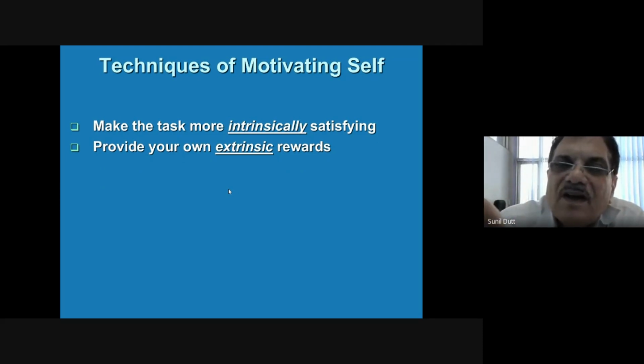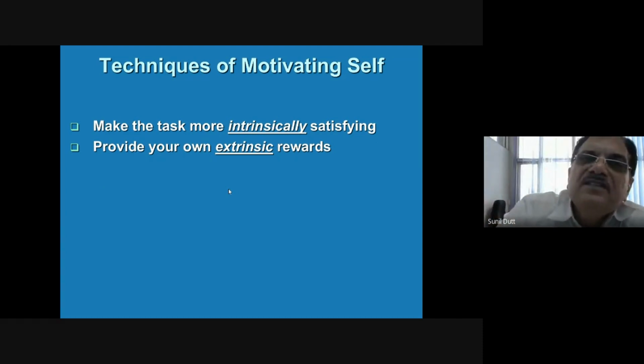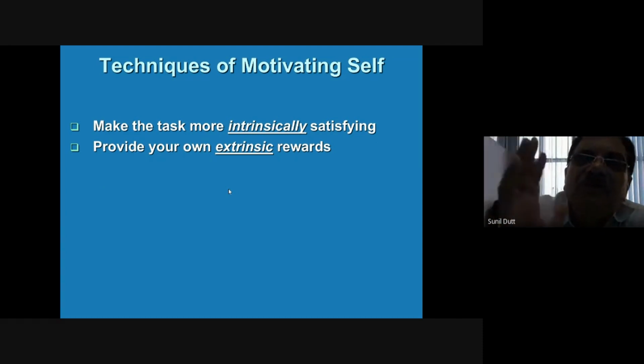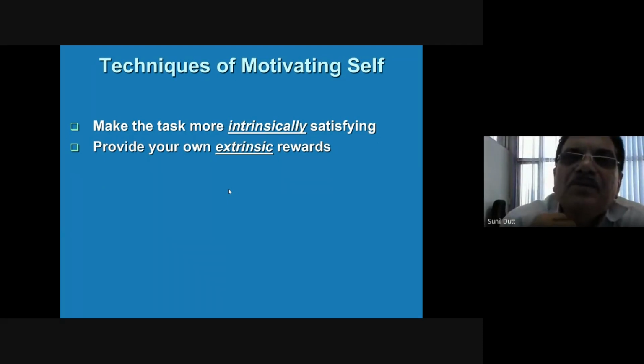So think in those terms and try to provide your own extrinsic rewards. If I finish this task today, I'll have a good coffee with my colleagues or with my family members at home, because that gives you satisfaction. So fix your own extrinsic rewards.